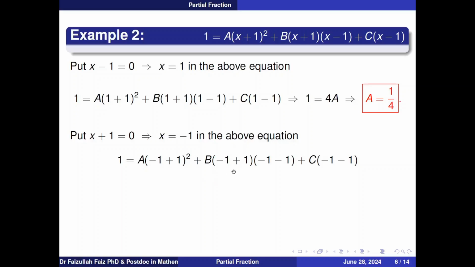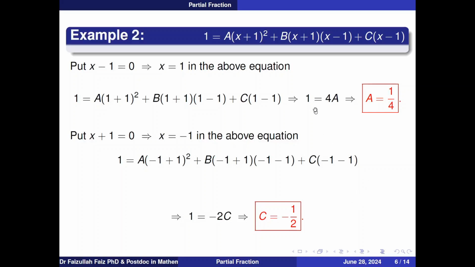The second term becomes 0 because there is -1 plus 1, which is 0. And the third term, -1 minus 1 is -2, so we get 1 is equal to -2c, and when we divide both sides by -2, we get the value of c, which is equal to -1/2.